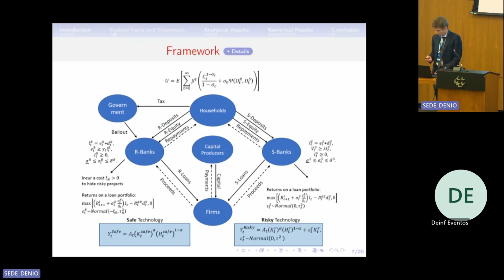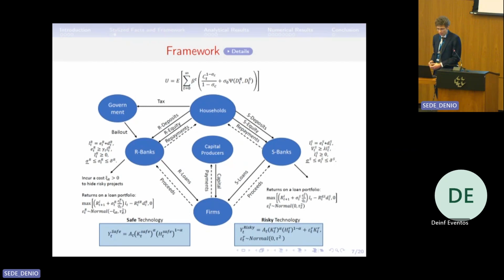To understand what returns banks get: regulated banks have limited liability, so this is the maximum of their returns on portfolio. This is the safe return, R^T plus 1 times L, minus a fraction of loans that goes to risky firms times the exposure to the idiosyncratic shock, and minus the cost of deposits times the deposits.